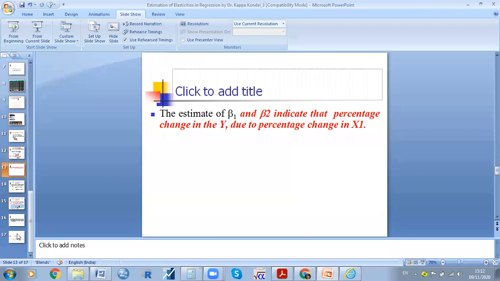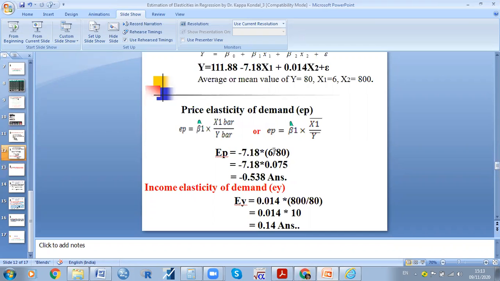The estimation of beta 1 and beta 2 indicates the percentage change in y due to a percentage change in x. So the price elasticity is minus 0.538.